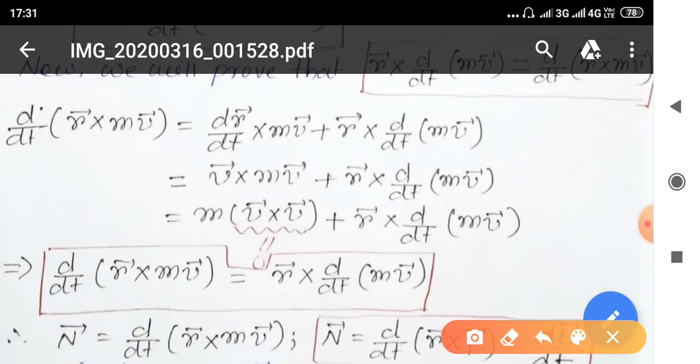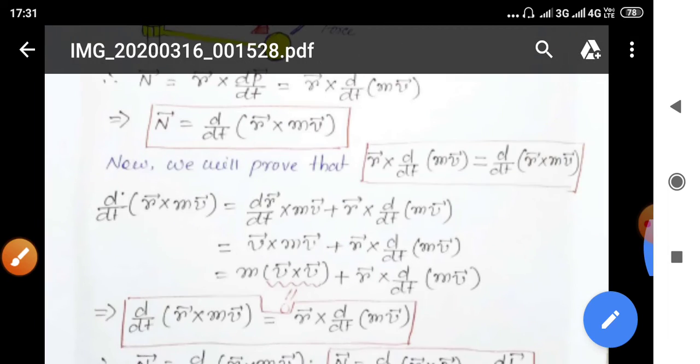If we take m out of the parenthesis, we get the first term as m times v cross v, plus r cross d/dt of mv. Since v cross v gives 0, as the cross product of the same vector is 0, d/dt of r cross mv gives r cross d/dt of mv.